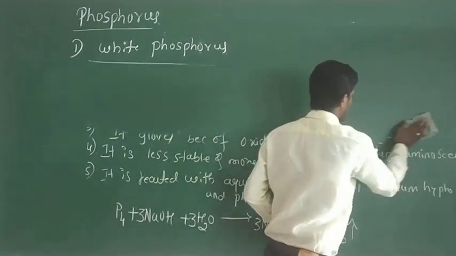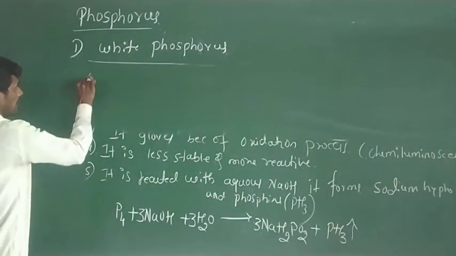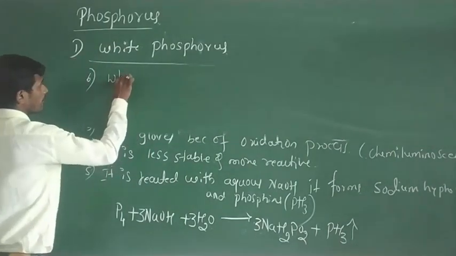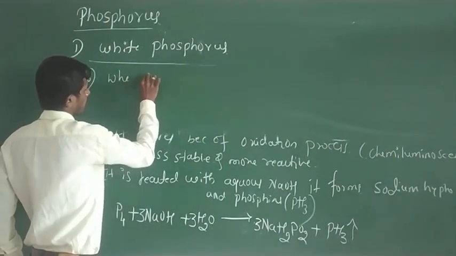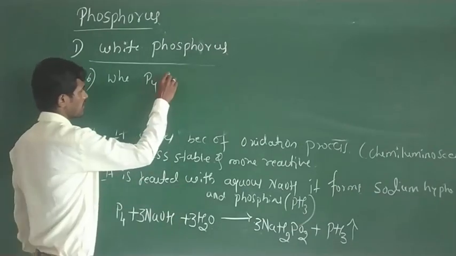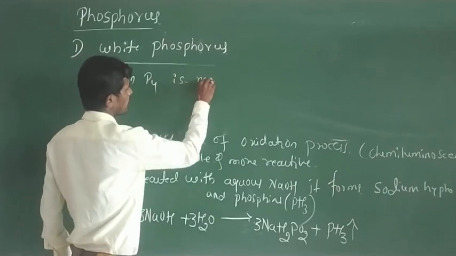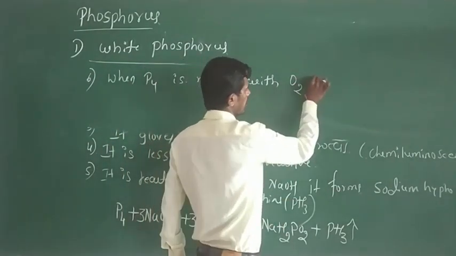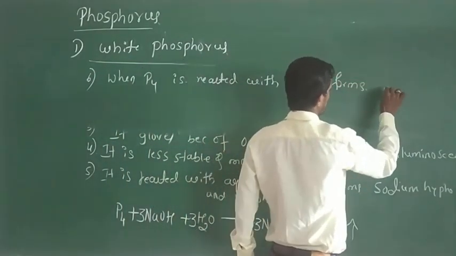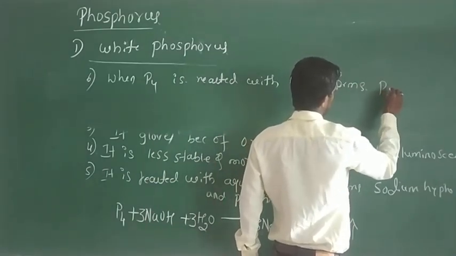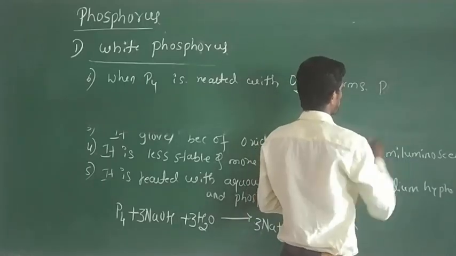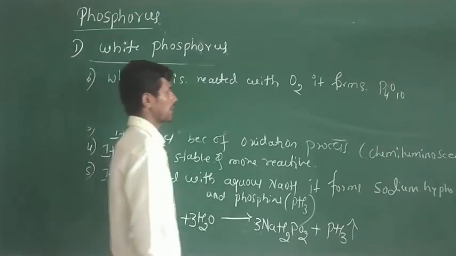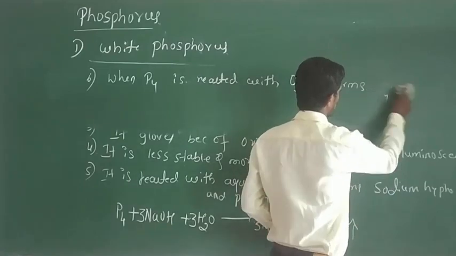Another point related to white phosphorus. I write the 6th point. When white phosphorus is reacted with oxygen, it forms phosphorus pentoxide, P4O10, means phosphorus pentoxide or P2O5, or 2 moles of P2O5.